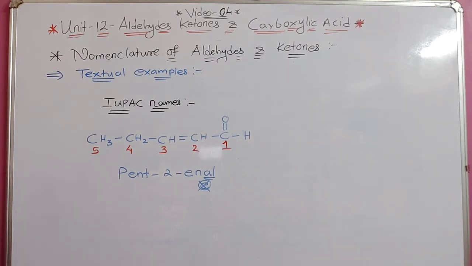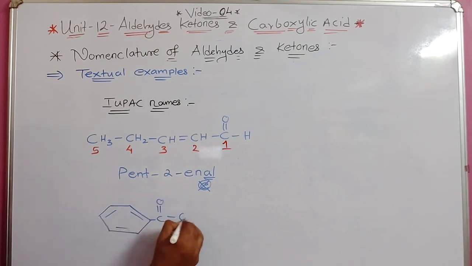Now after that, another one is there. What is given there? A benzene ring is there. On the benzene ring, C double bond O, CH2 and CH3, like this. If you want, we can start numbering. You remember here, this functional group is given number 1, 2 and 3.